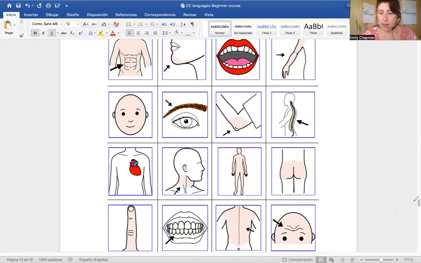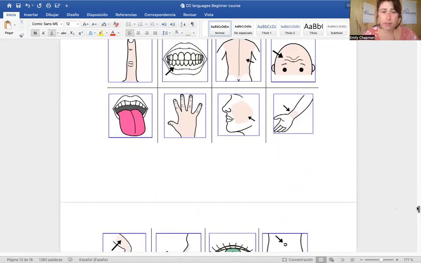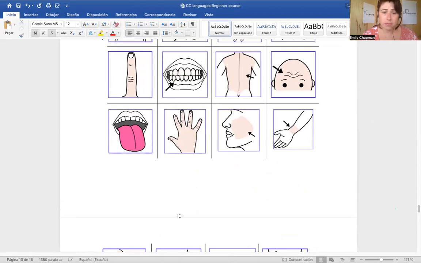Okay, let's have a look at the last few. Finger, el dedo, this one we could use at the chemist, at the dentist. Las encías are gums. Back, la espalda, and forehead, we've said before, la frente.